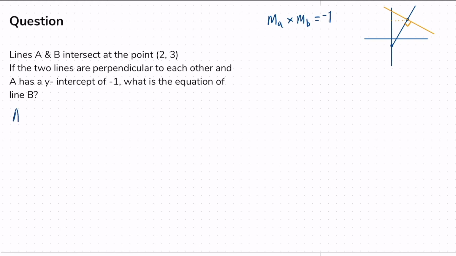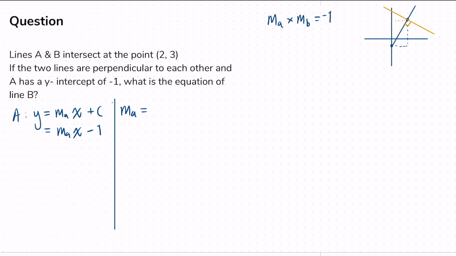So let's go for line A to begin with. Line A is y equal to the gradient of A, x plus c, which we already know. C is -1, so plus -1, that's just -1. What about MA? What's MA equal to? MA, that is the gradient of A, is equal to a change in height over a change in width.